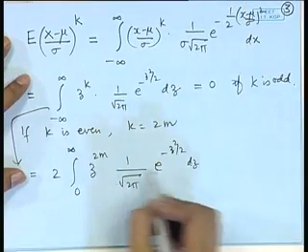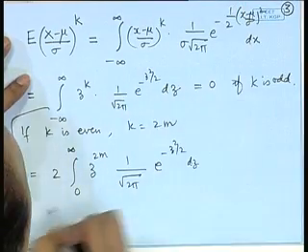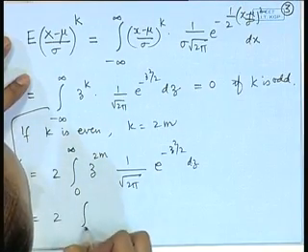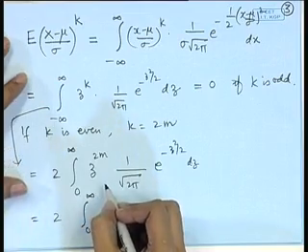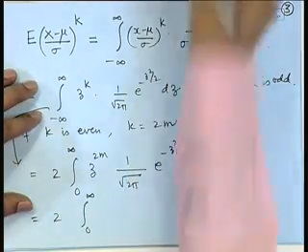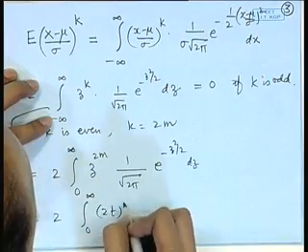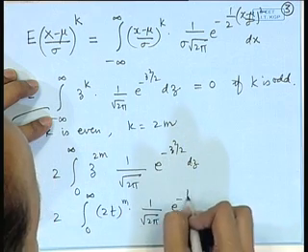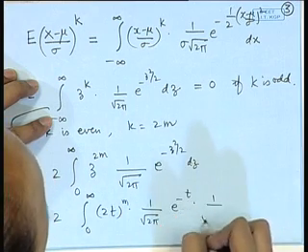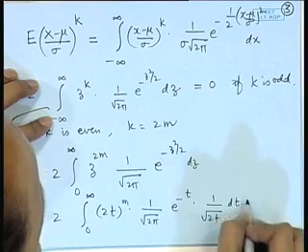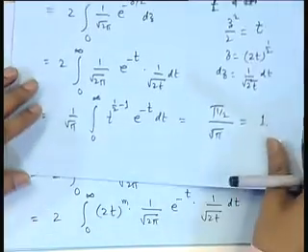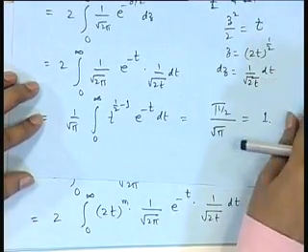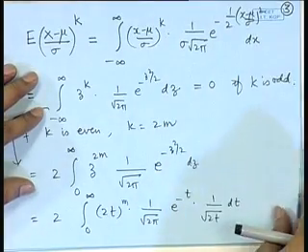So if we make this transformation, then this quantity reduces to 2 times the integral from 0 to infinity. Now z square is equal to 2t, so this becomes (2t) to the power m times 1 by root 2 pi e to the power minus t times 1 by root 2t dt, by considering dz is equal to 1 by root 2t dt. So we can simplify this.